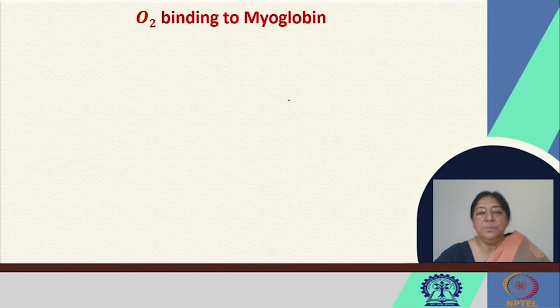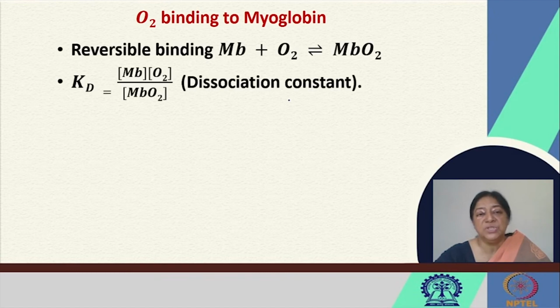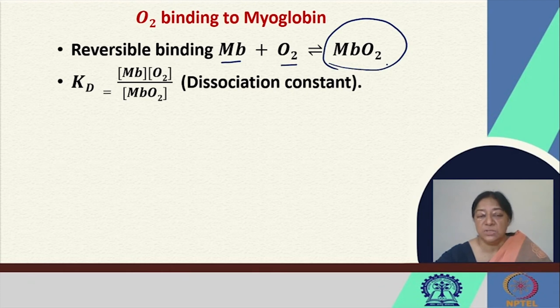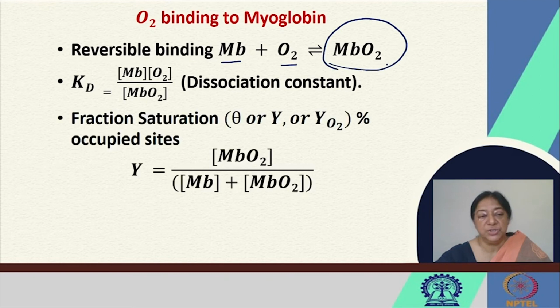So if we look at the protein ligand binding equilibria associated with this, we have a reversible binding where we have the myoglobin bound to the oxygen to form this myoglobin oxygen complex, the protein ligand complex, and we have associated with this a dissociation constant like we looked at in the protein ligand binding lectures.